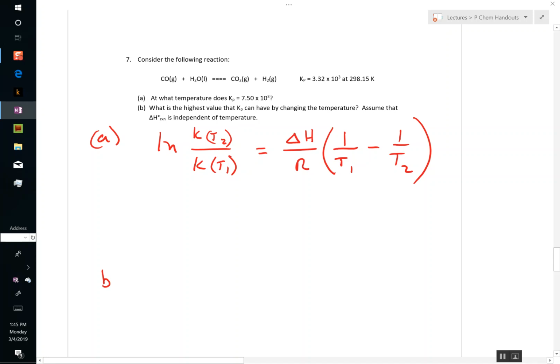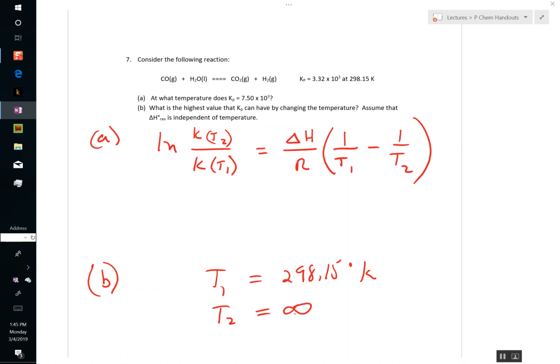And then on part B, think of T1 as 298.15 Kelvin, and T2 is infinity. Oh, we're going up. That would have been really easy, well, 1 over infinity is 0.